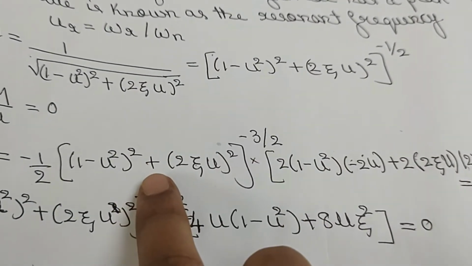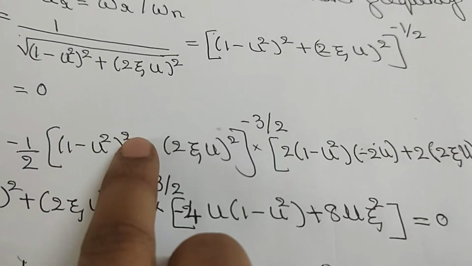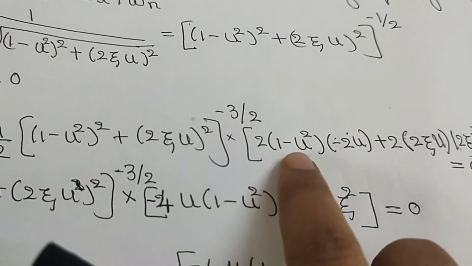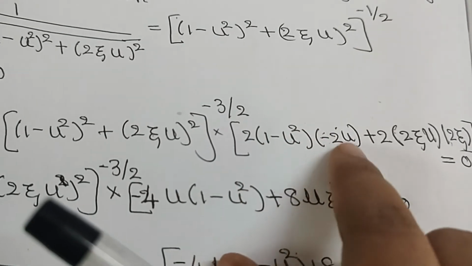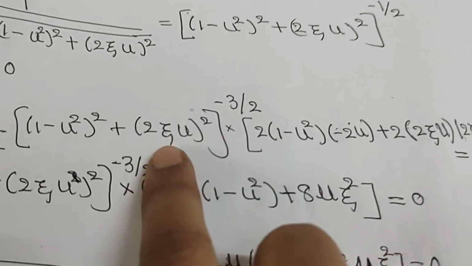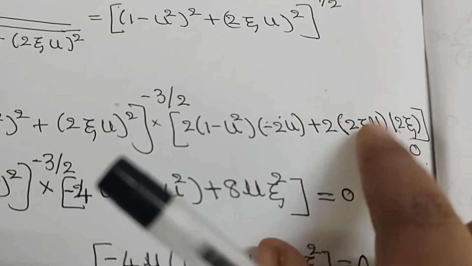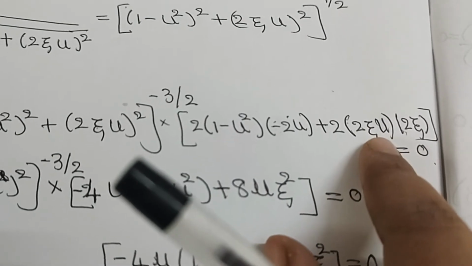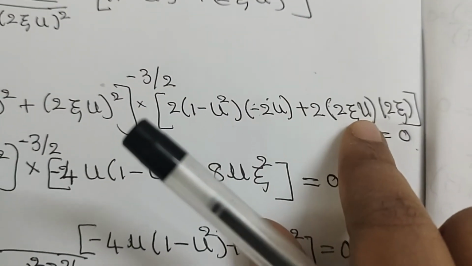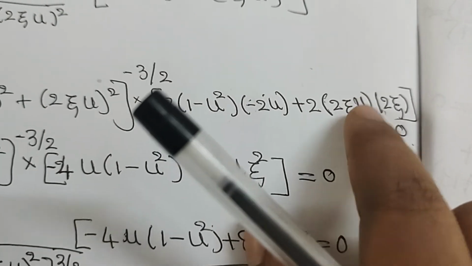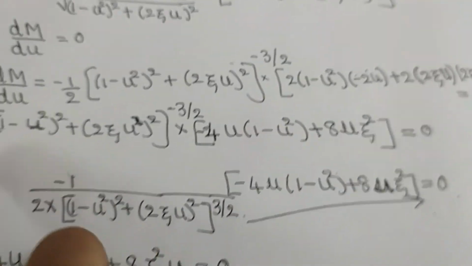Next, the inner differentiation. So what can you write? Similarly, a to the power of n. So 2 into (1 minus u square), and differentiating this again gives minus 2u. And this one, if you differentiate, 2 into 2 zeta u, and the inner differentiation with respect to u, we need to differentiate this also, 2 zeta u, that you will get 2 zeta, equals 0.